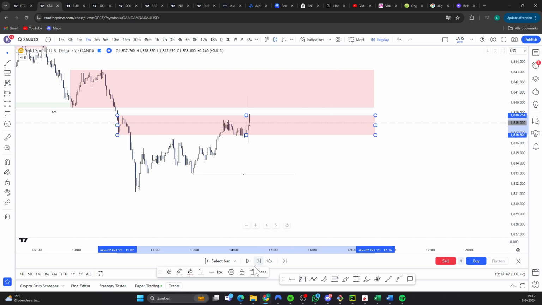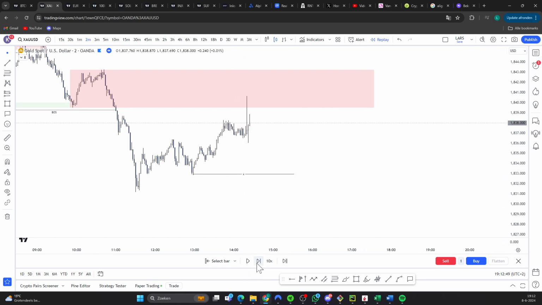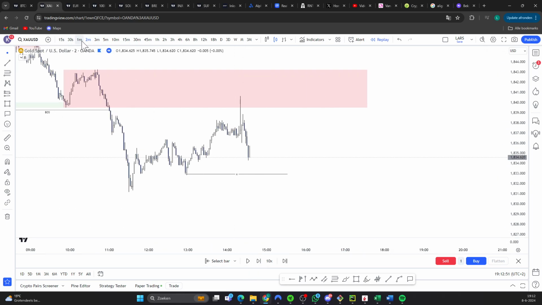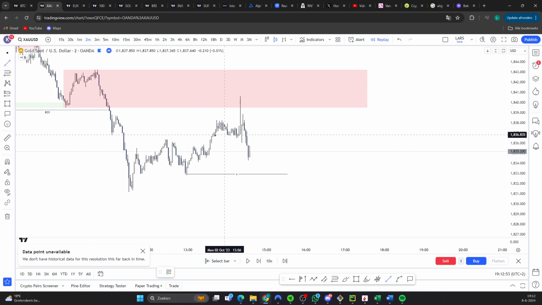You tap into that flip zone. Kinda. Breaking structure here.